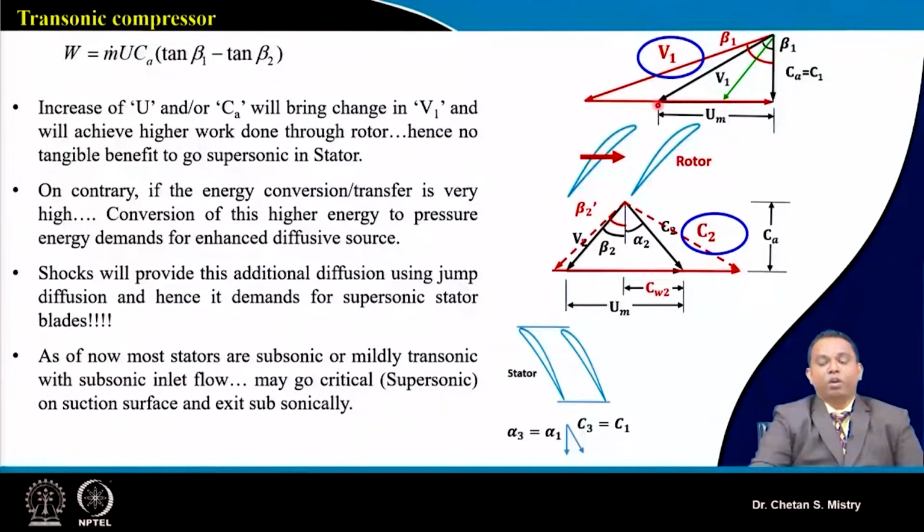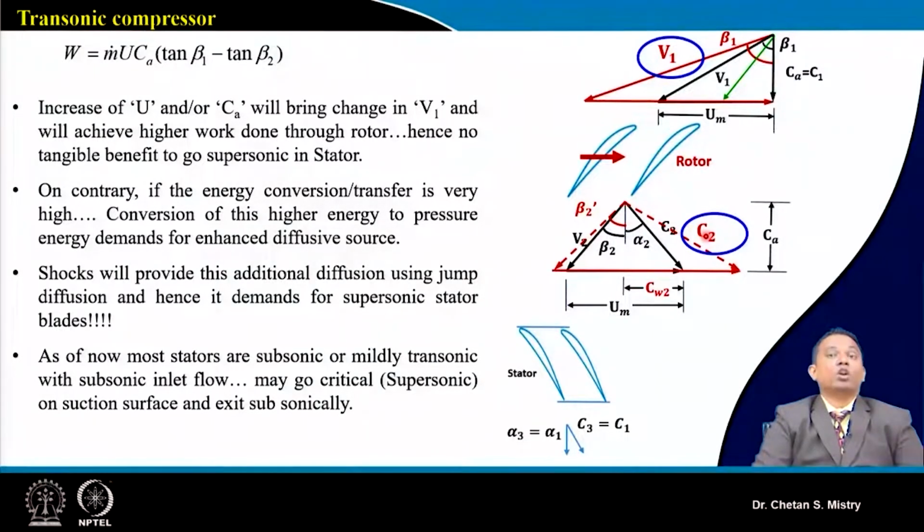Now the flow coming out from my rotor will have some absolute velocity component. When I'm expecting very high diffusion from the rotor, as we have discussed, there may be chances that we will have higher kinetic energy coming out from the rotor. That higher kinetic energy, coming out with absolute velocity C2, needs to be diffused.